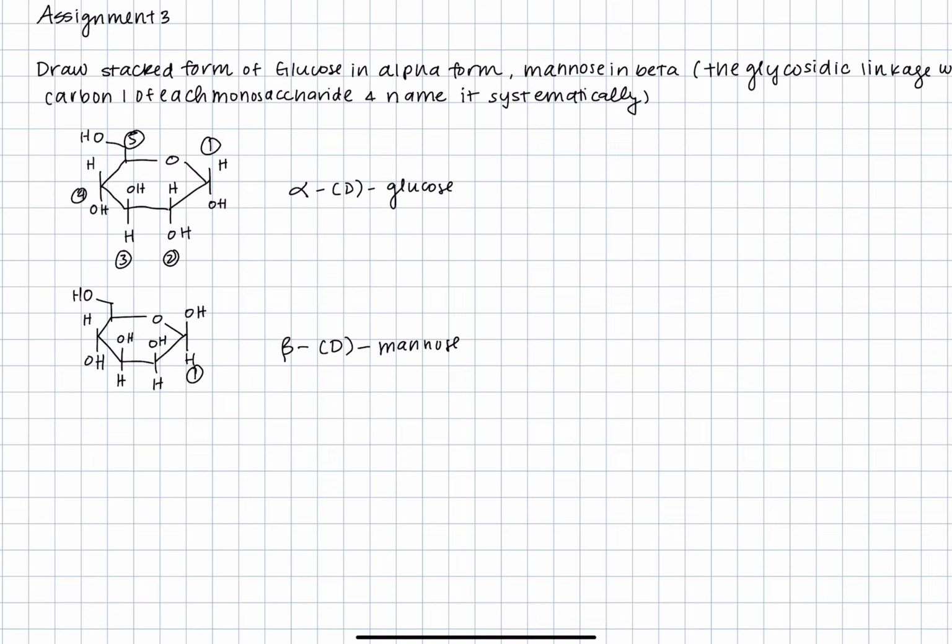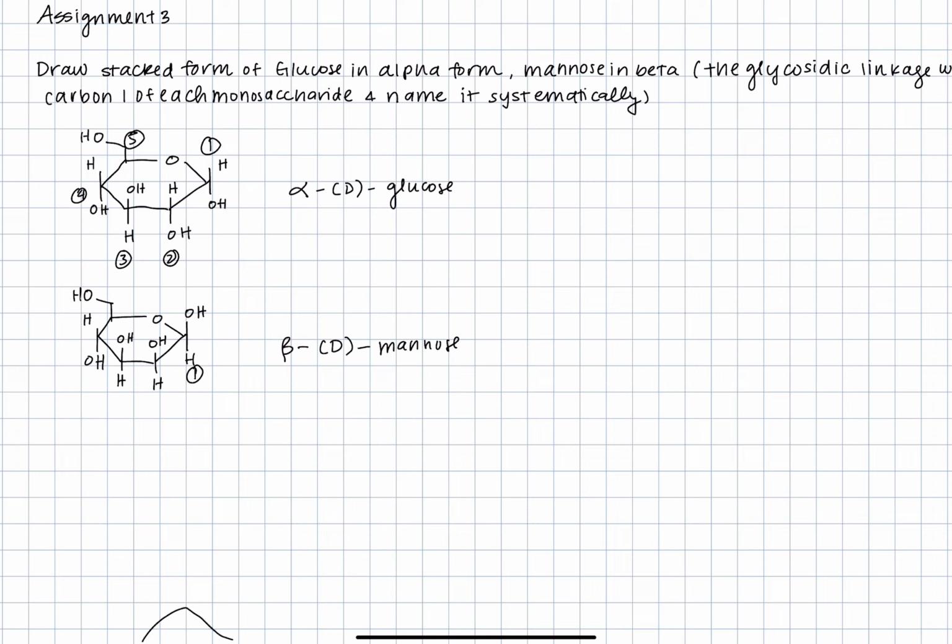And if the sugars are ketose, then they would be called furanose. But in our case, we're going to have the name pyranose just because glucose and mannose are both aldose sugars. So that is what we are going to add.